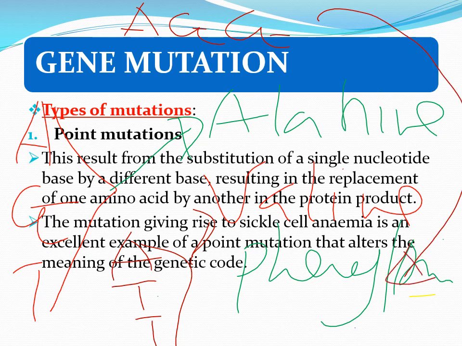So if the normal sequence was adenine, guanine, thymine, the protein to be made should have alanine as the first amino acid, placed in position number 1.